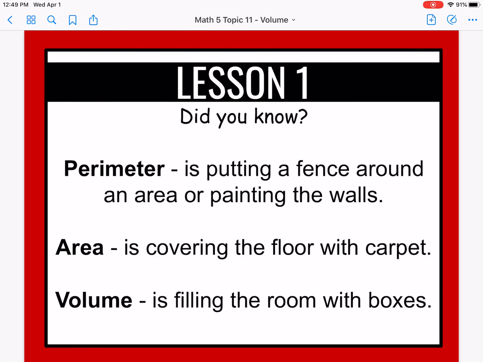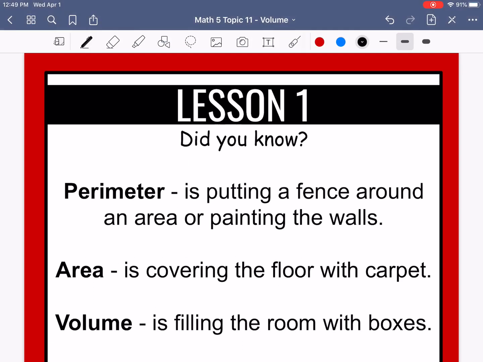Did you know that perimeter is about putting a fence around an area or painting the walls? So perimeter is something you've done before. It means looking only at the outside of a figure. To find perimeter, we've always added. So you add up the sides.